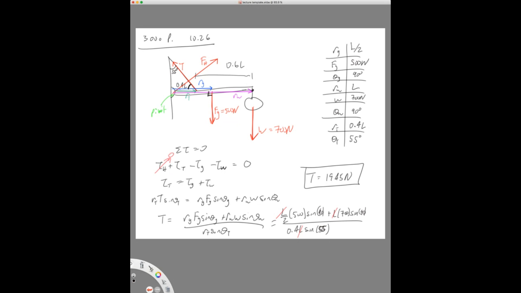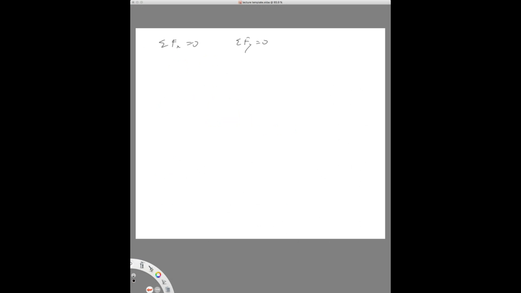I would pick a pivot point on the other side, and the x component wouldn't produce a torque, but the y component would. That's not easy. I don't want to even show you how to do that because it's much longer than this, but it's possible to do it that way.